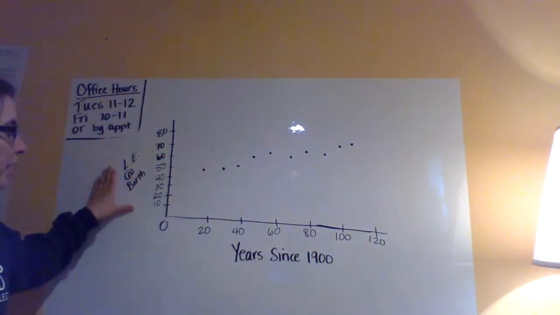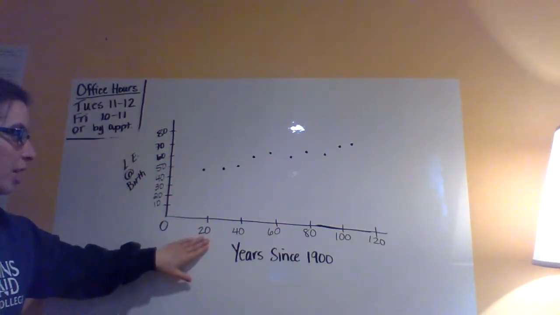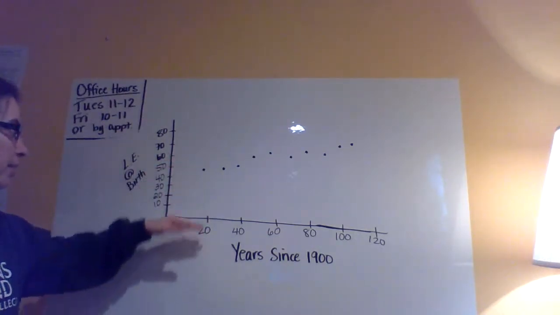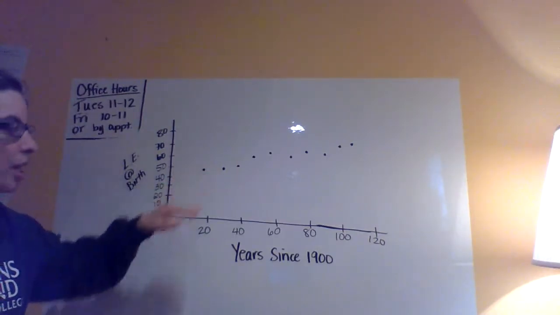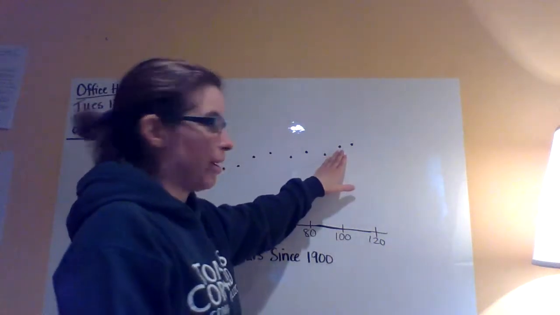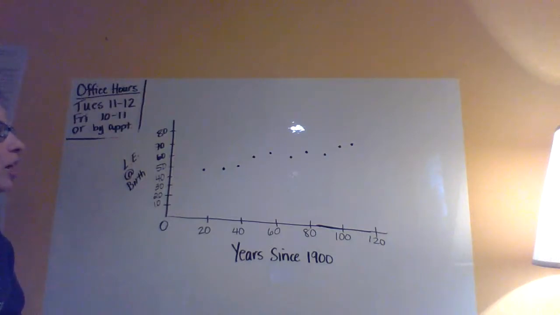So for African American males, if they were born in 1920, they're expected to live 46, 47 years, wherever about that is. If they were born in 2000, their life expectancy is about 70 years. So that's what that means.